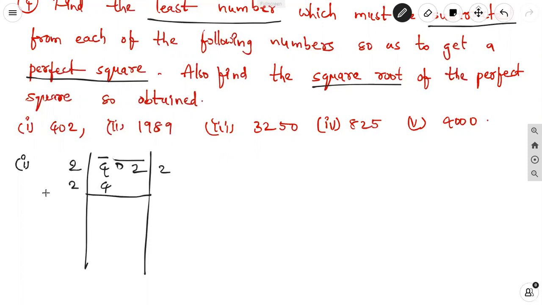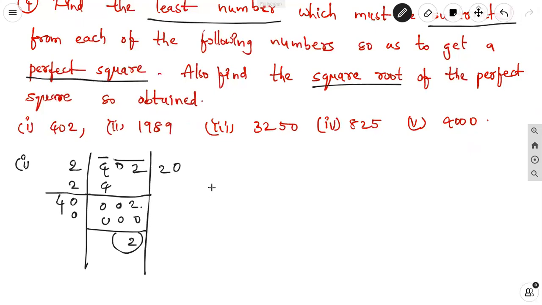Then double the quotient, that is the second step, 4. Here 4 zeros are 0, 0. Then 2 is the remainder.